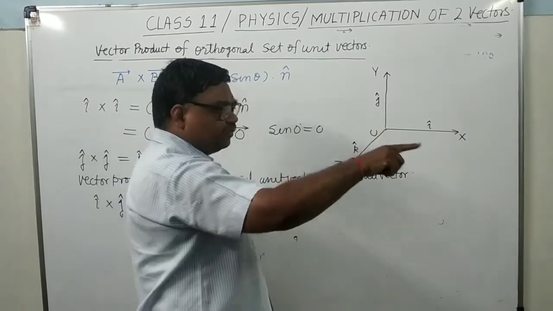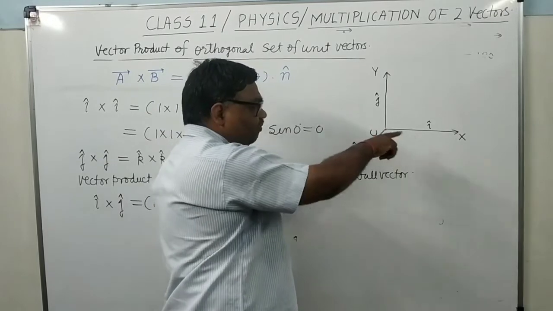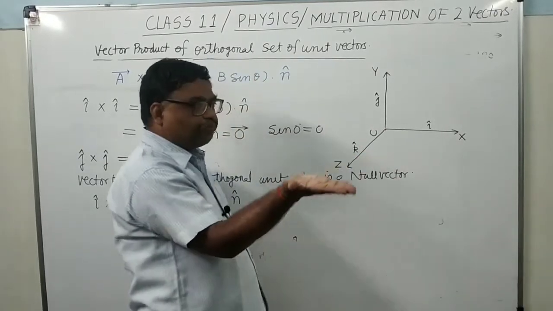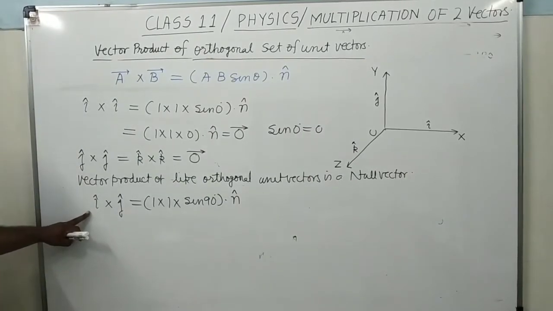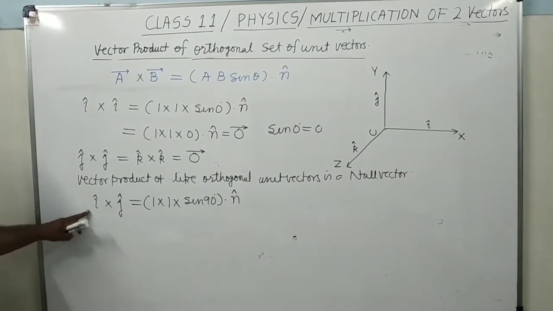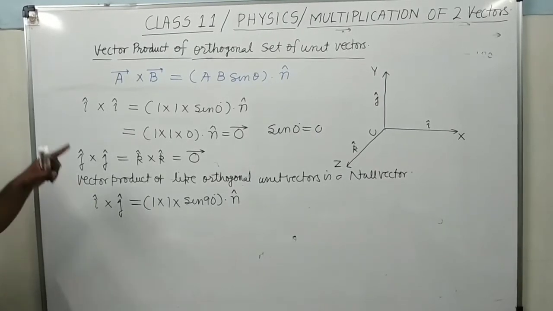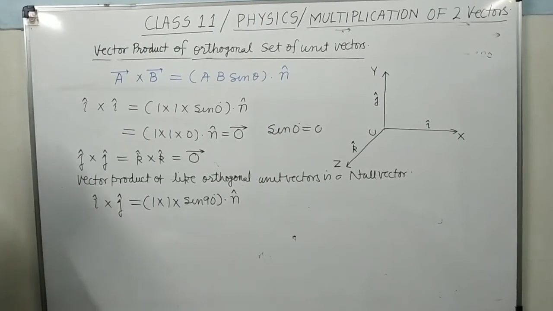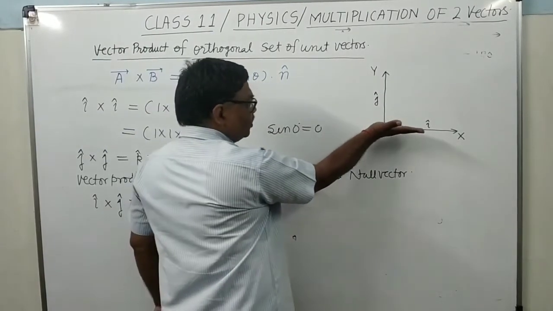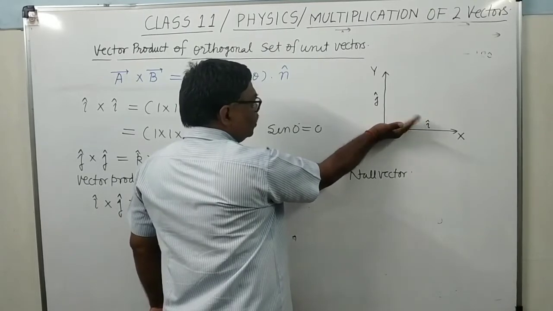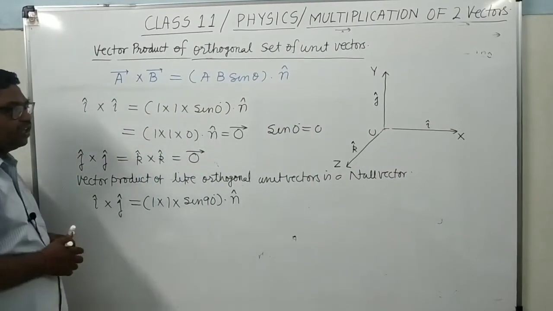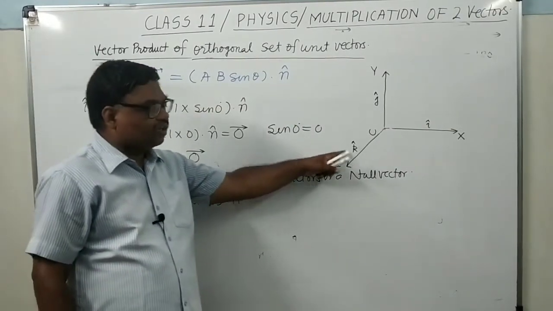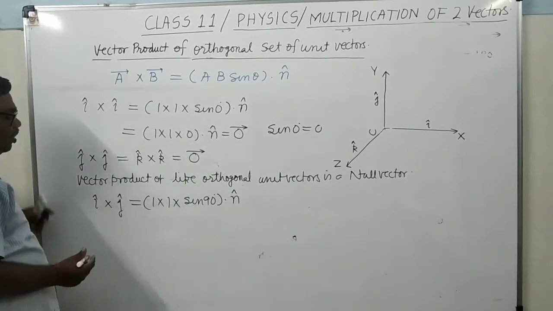This is the direction of the z axis. You place your palm along the x axis, because the first vector is unit vector i, along the x axis. The second vector is unit vector j, along the y axis. Turning should be towards the y axis, and the thumb points in the positive direction of the z axis, which is unit vector k.